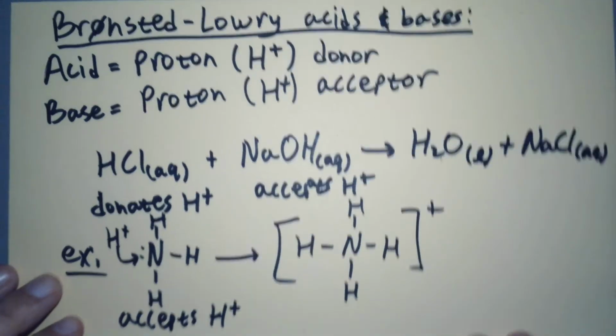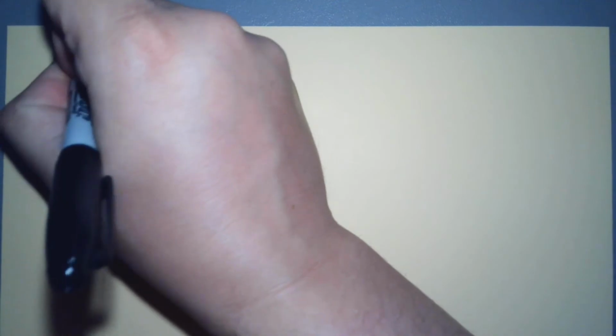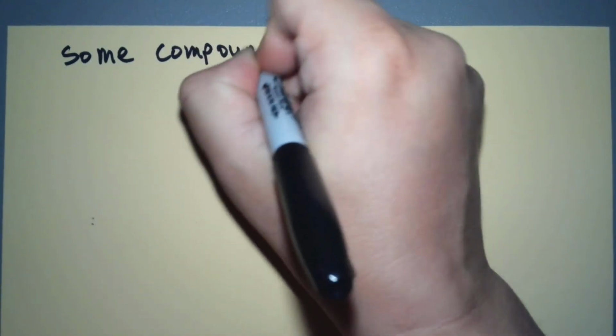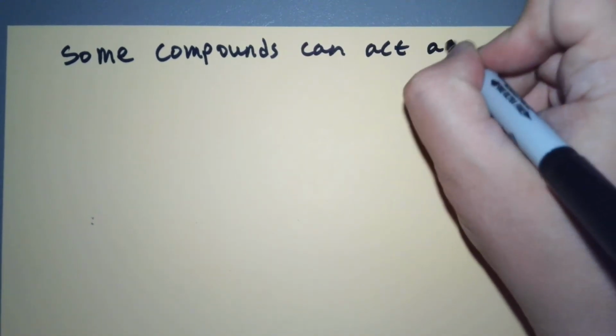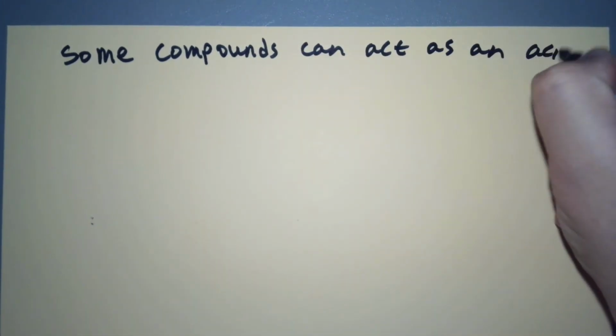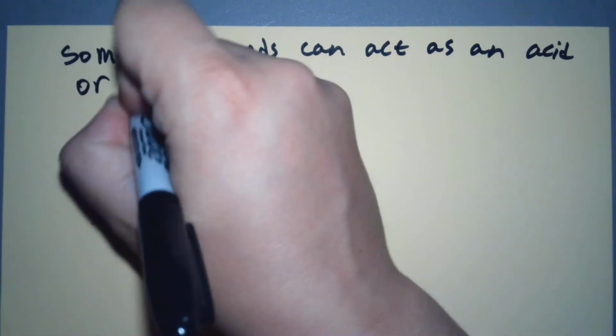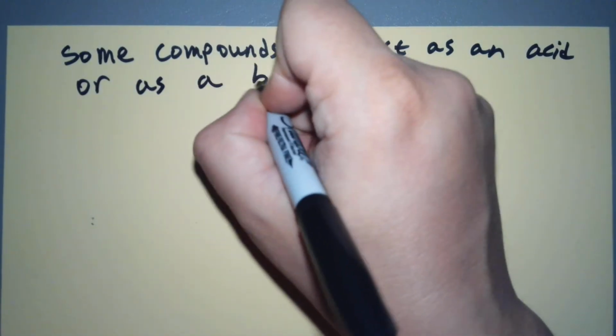Alright, another detail we can add is that there are compounds that can act as an acid or a base, just depending on the situation. They're a little bit versatile.